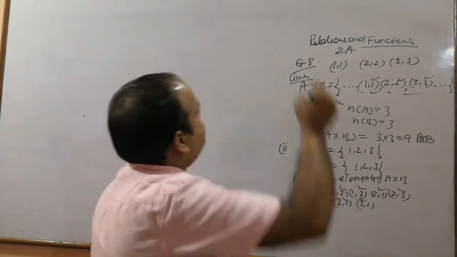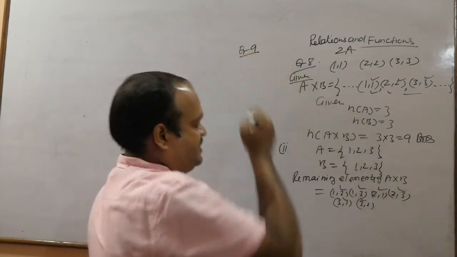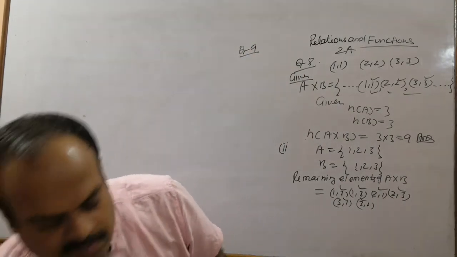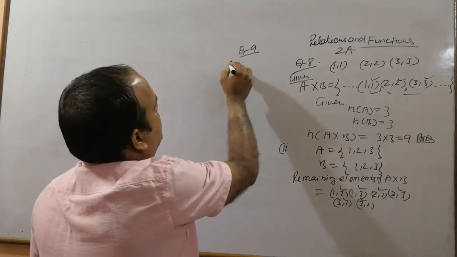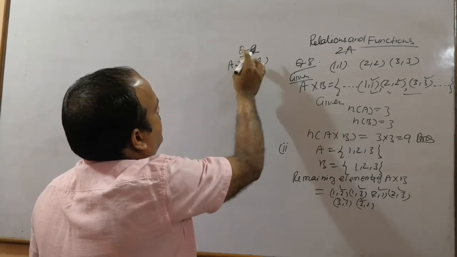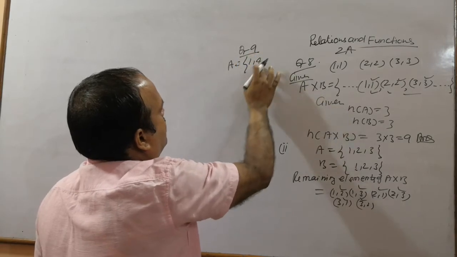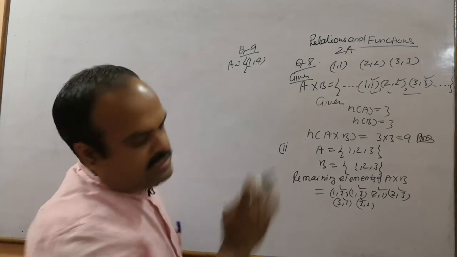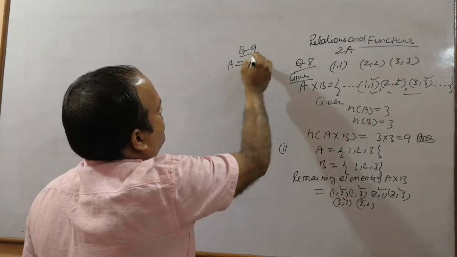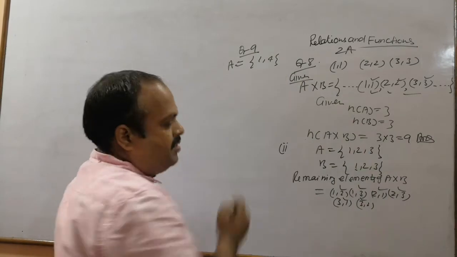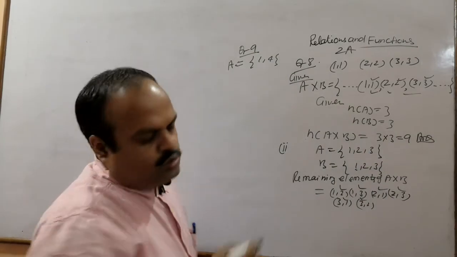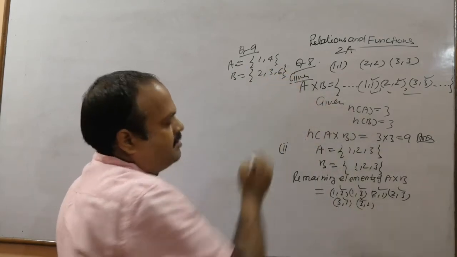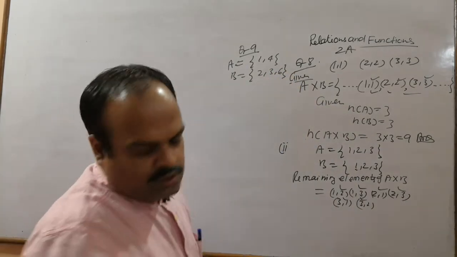Question number 9. What do we have in question 9? A is {1, 4}, B is {2, 3, 6}, C is {2, 3, 7}.